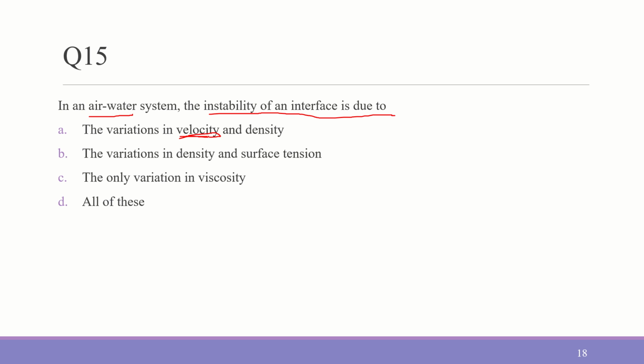So the answer is option A. Density is an important parameter, and so is the velocity with which they move. But surface tension and viscosity don't play any role. So the instability of an interface is due to variation in velocity and variation in density. Option A is the right answer.